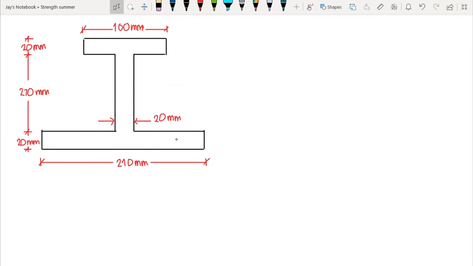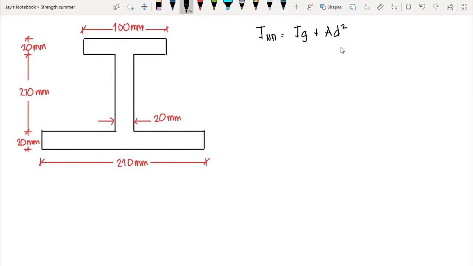So we need to apply the transfer formula for moment of inertia, that is, the inertia at the neutral axis is equal to the gross inertia plus Ad squared, where A is the area that we will be transferring to the neutral axis, and d is the distance from the neutral axis to the centroid of that area.